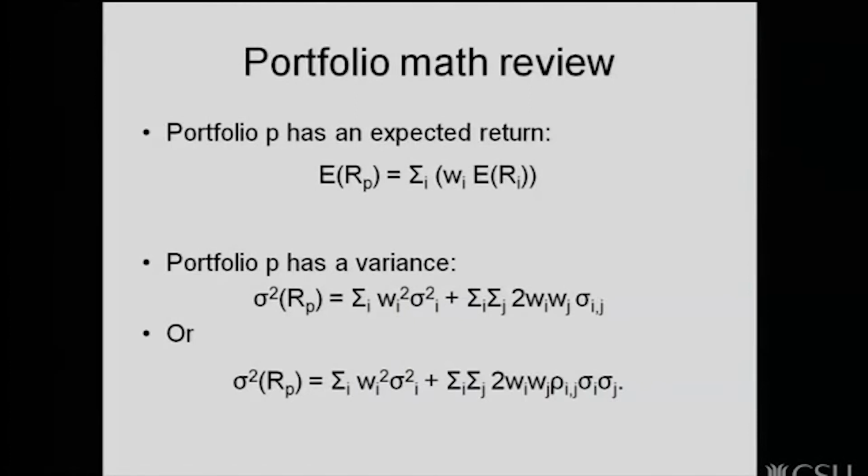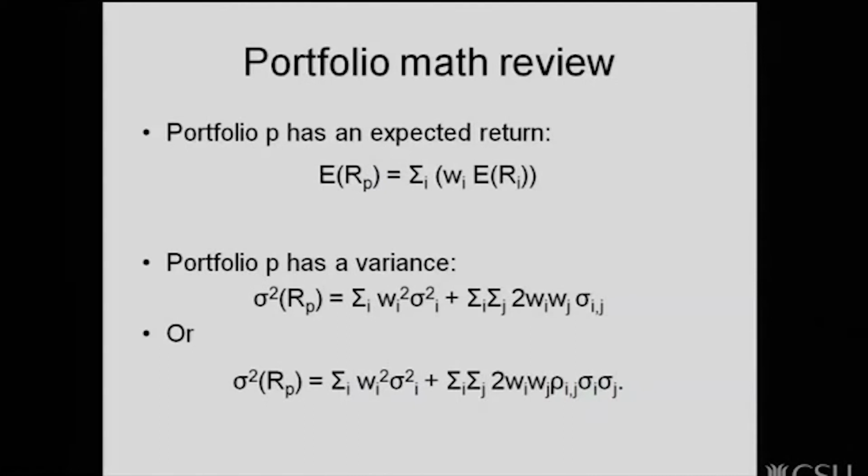The more different assets you have in there, that's just going to drive the weight squared times variance to zero. But what you do tend to find is even though the left-hand terms disappear, the right-hand terms, the covariance ones, don't. Because every asset that you add in a portfolio adds n times the number of covariances.